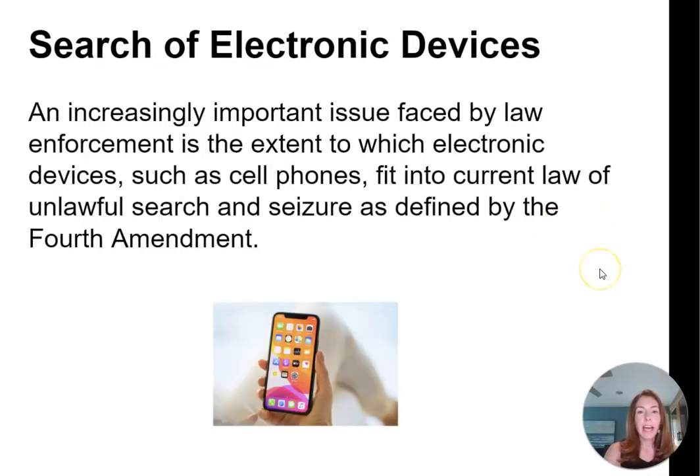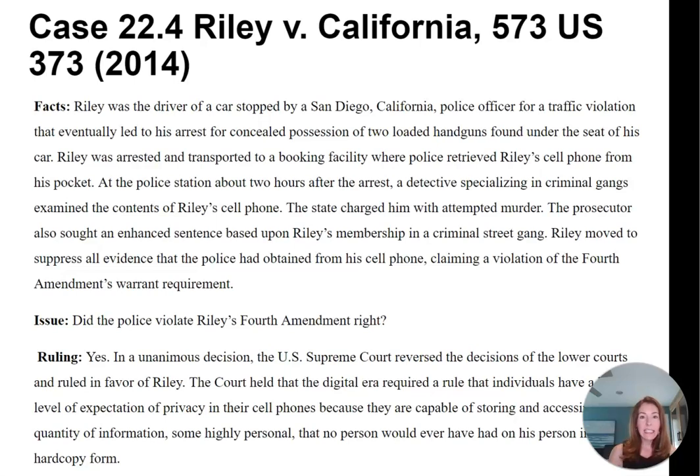Be aware that a very important issue now, because everyone has an electronic device, is the extent to which electronic devices like cell phones fit into current law of unlawful search and seizure as defined by the Fourth Amendment. And a case that is of utmost importance in this area of law is Riley versus California, which is a U.S. Supreme Court decision from 2014.